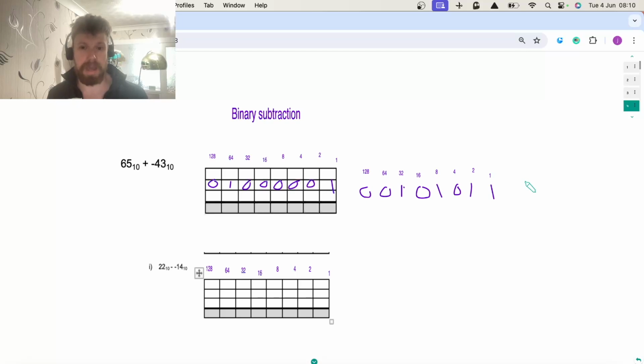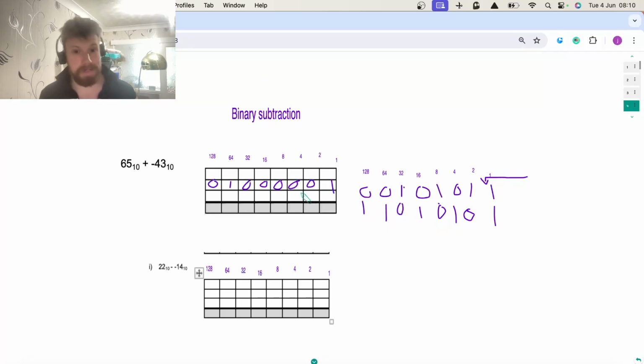Now, once I've got that, I can 2's complement it. So I use my rule, which is right to left, find your first 1, which is here. Everything at it and before it stays the same. Everything after it is flipped. So 0, 1, 0, 1, 0, 1, 1. Right? We've now got that, and we just got to put it underneath this one now.